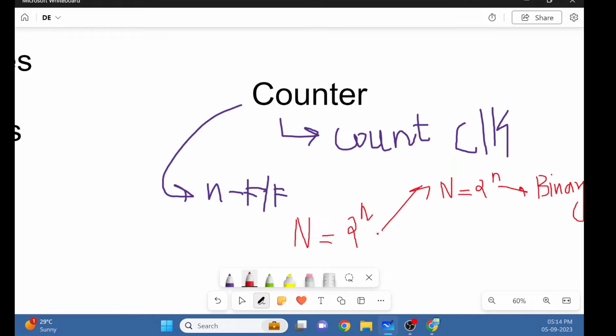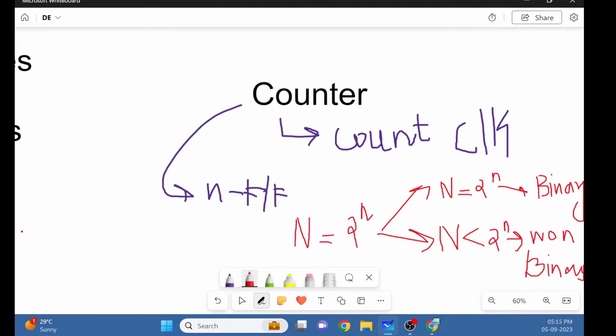And when N is less than 2 raised to n, we would call it a non-binary counter.